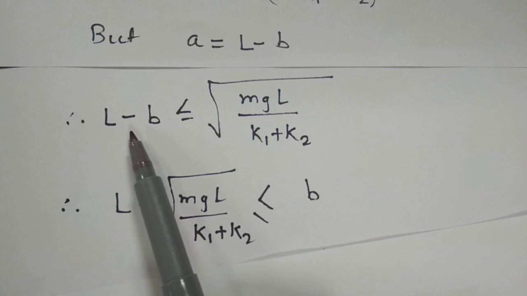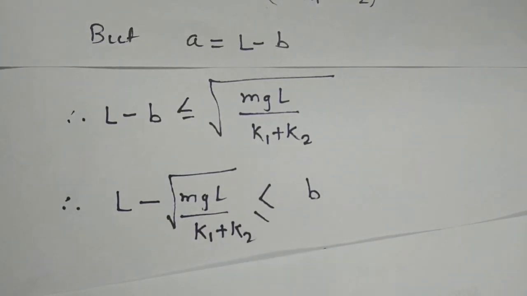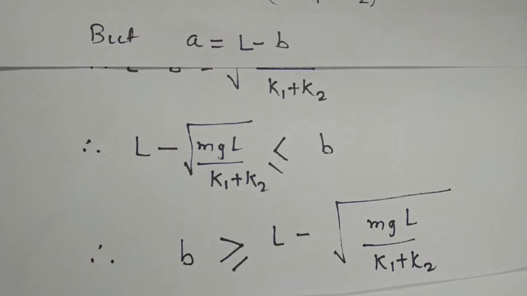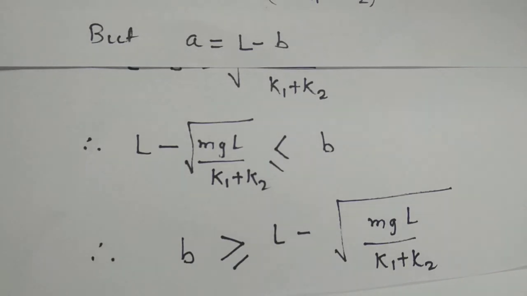Take this on this side and this on this side, and we can write the equation in terms of b: b is greater than or equal to L minus the square root of mgL divided by (k1 plus k2). The second portion of the numerical is also finished.